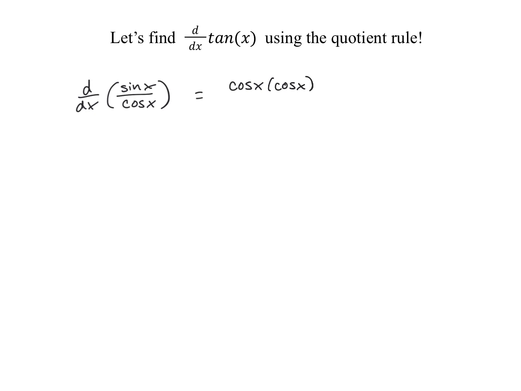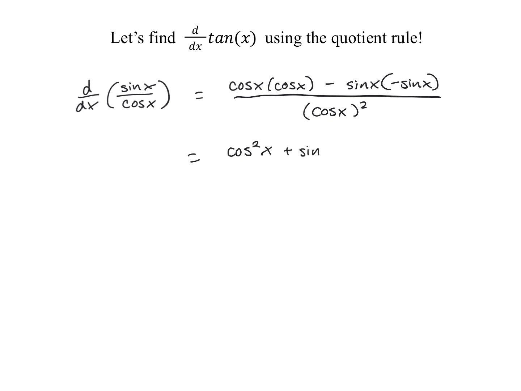So we have cosine times cosine minus high d low. The derivative of cosine is negative sine. And all of that is over low squared. So now we just need to do some simplifying. Cosine squared of x plus sine squared of x, over cosine squared of x.